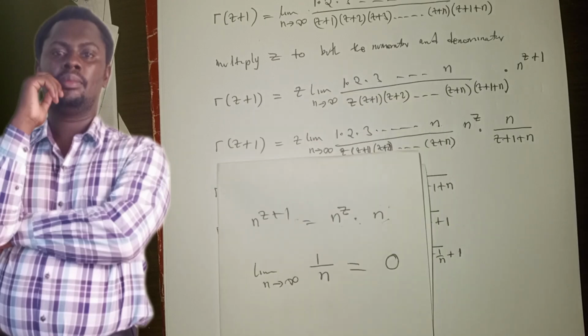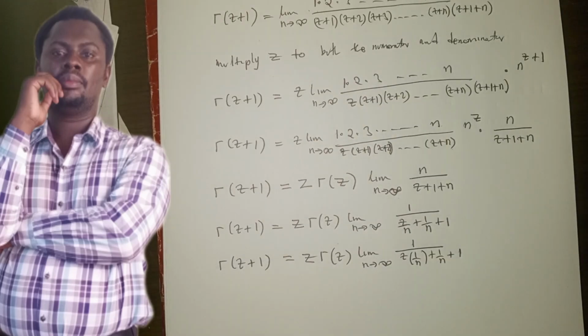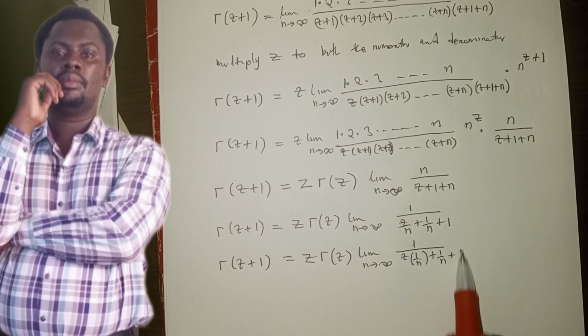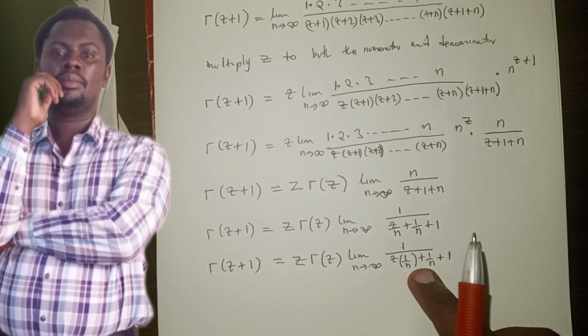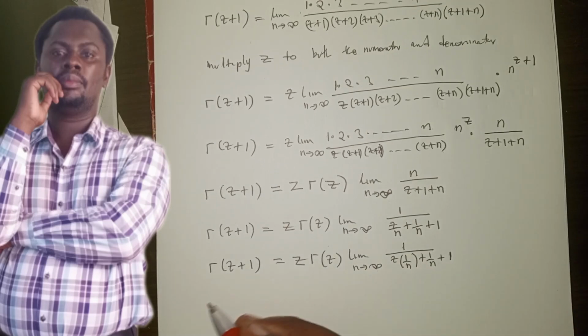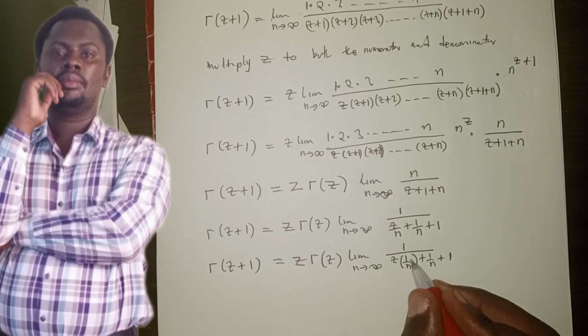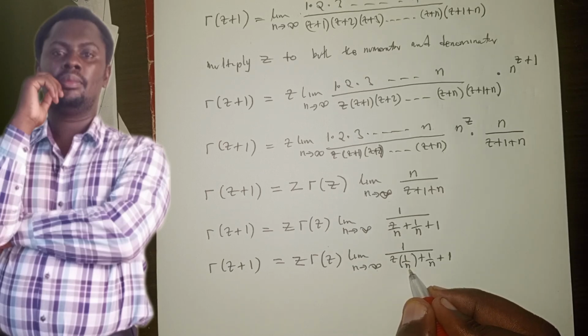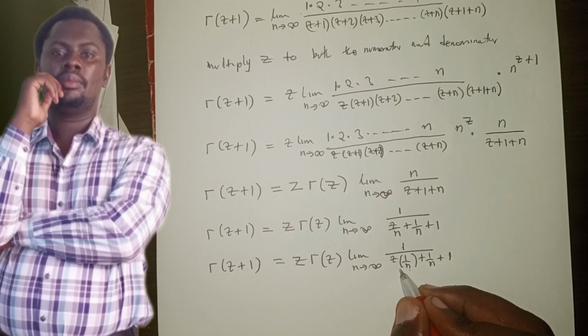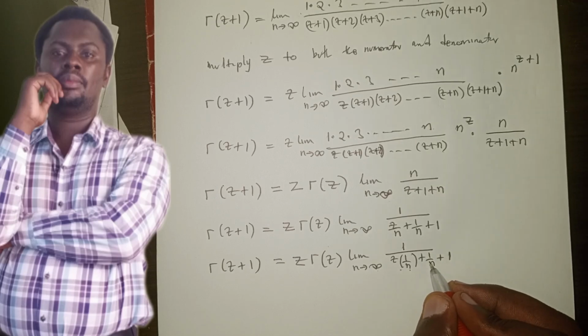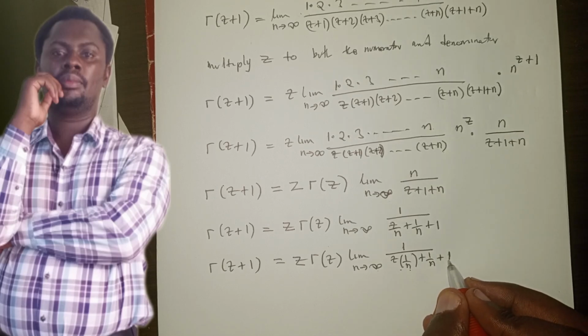So where there is 1 over n it will be a 0, and here it will be a 0. So it will be 0 plus 0, that is 0, plus 1, that is 1.